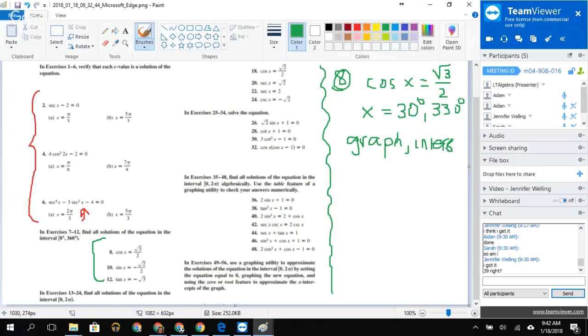So if we have the cosine of x equals the square root of 3 over 2, we could say the inverse cosine of the cosine of x equals the inverse cosine of the square root of 3 over 2. Okay, so that leaves us with the inverse of the cosine is just x. And then if we evaluate the inverse cosine of the square root of 3 over 2, let's see what happens with that.